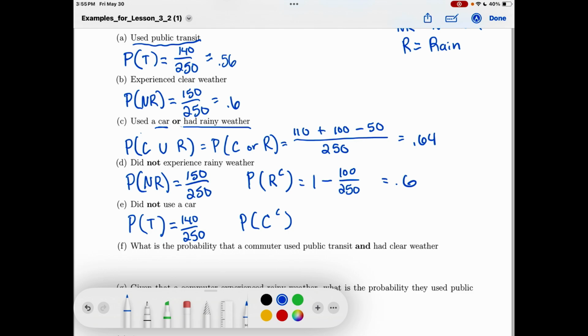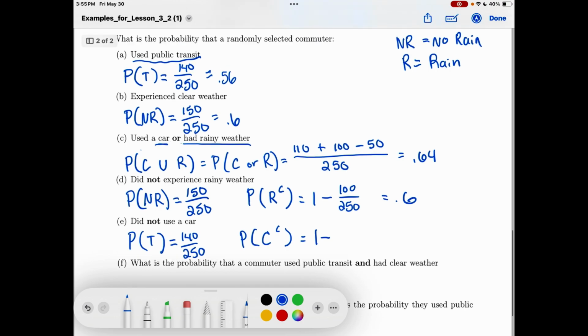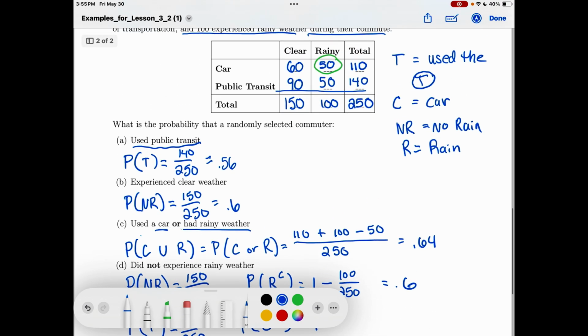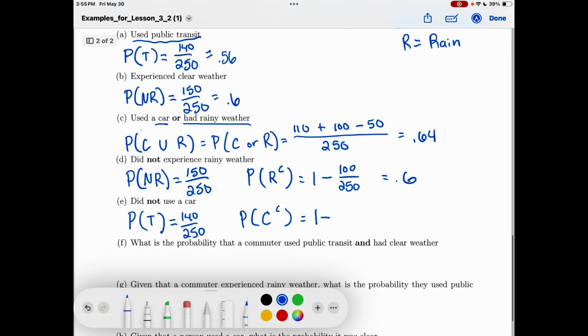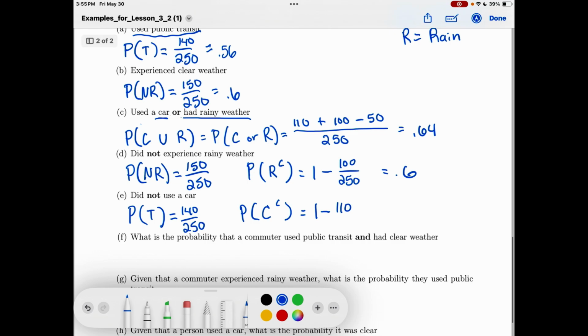The people that did not use the car would be the complement of the cars. So I would do 1 minus the probability that someone used the car. The probability that someone used a car is 110 out of 250. No matter which way we do it, we should get 0.56.